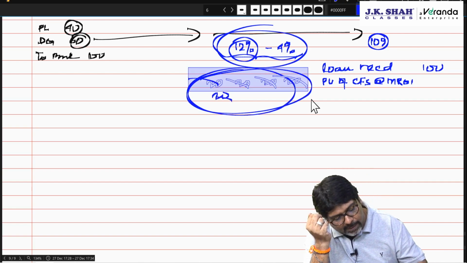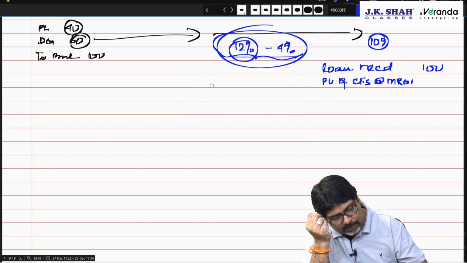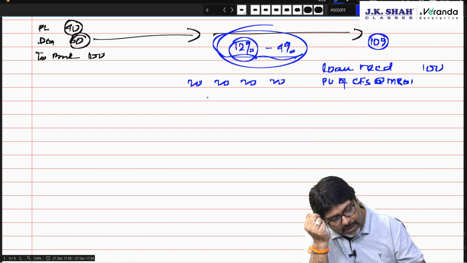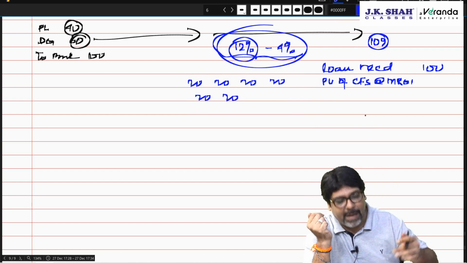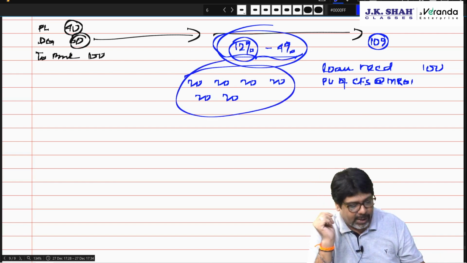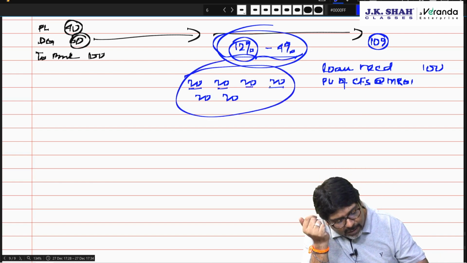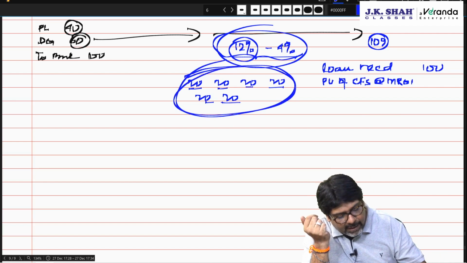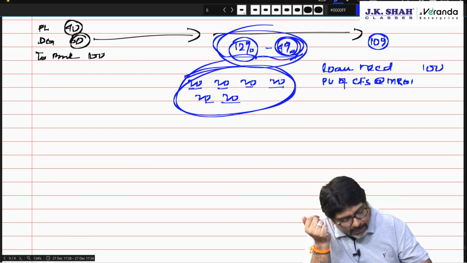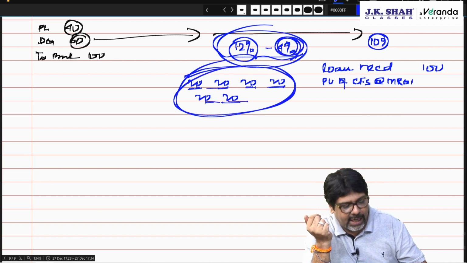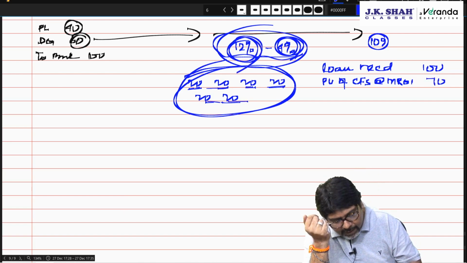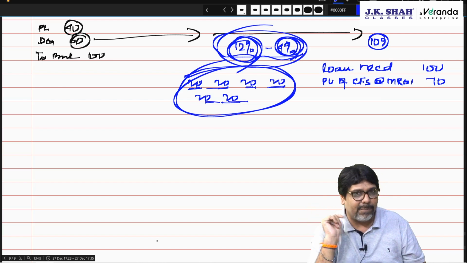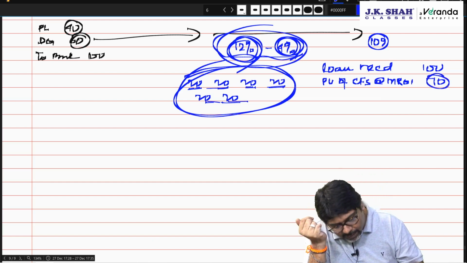So for example, you are returning 20, 20, 20, 20, 20 and 20. So 6 times 20 rupees you are returning back, and your loan as well as interest is covered. This repayment covers 4%. Suppose the same repayment was done and the rate of interest was 12%, then probably you should have got loan of 70 only.